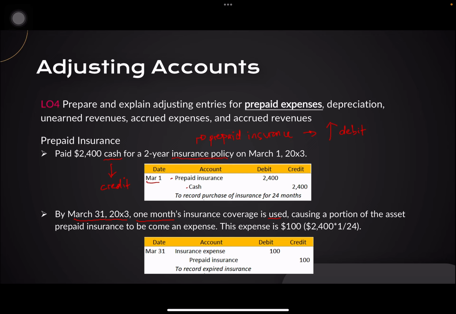In finalizing our adjusting entry, we should know how much time has already been consumed. We purchased this on March 1, and now we would like to get the updated balance as of March 31. So 1 month has already lapsed.